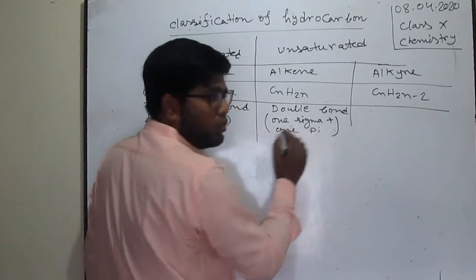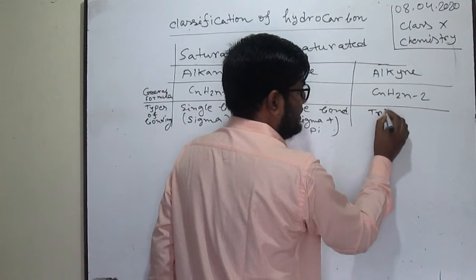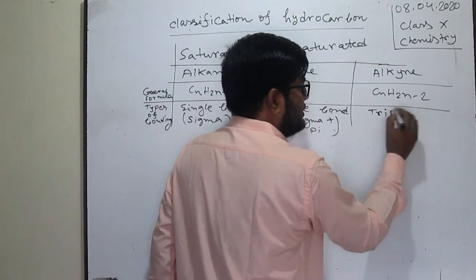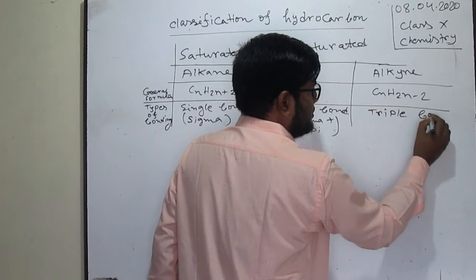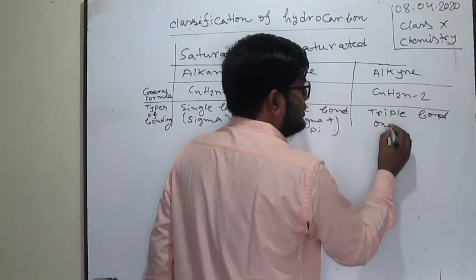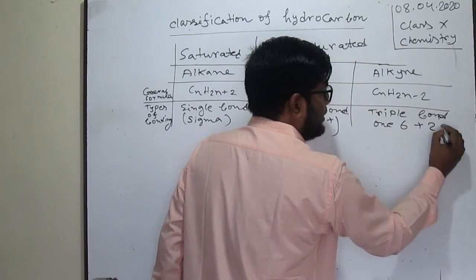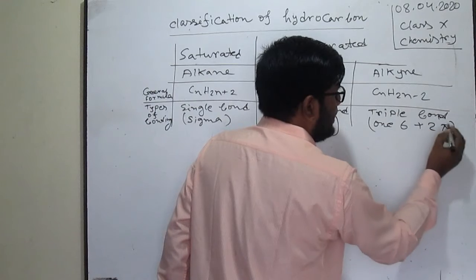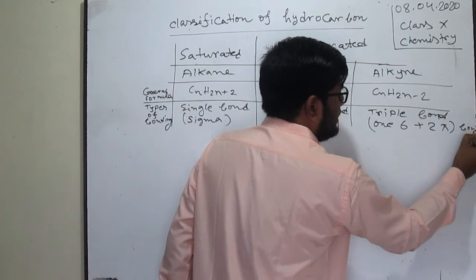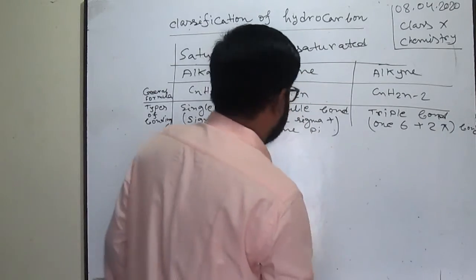One sigma and one pi. In case of a triple bond, that means in case of alkyne, one sigma and 2 pi bonds. Here, this is the symbol of sigma and this is the symbol of pi.